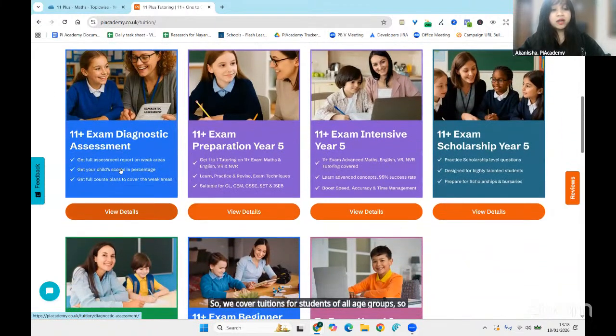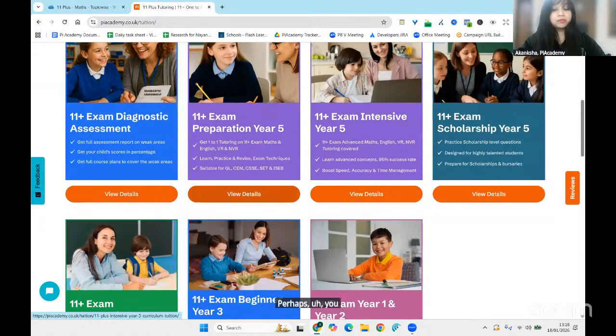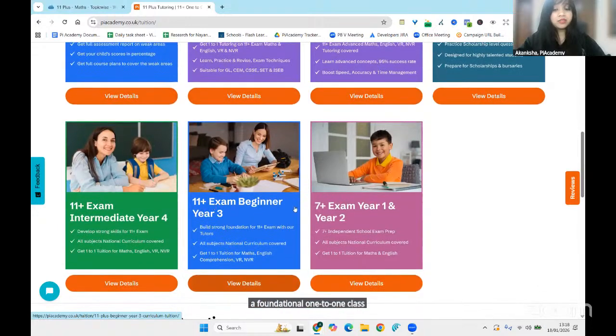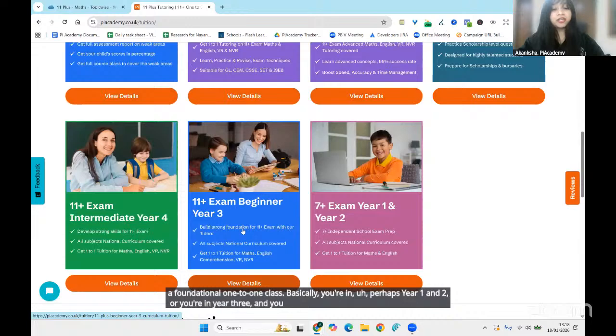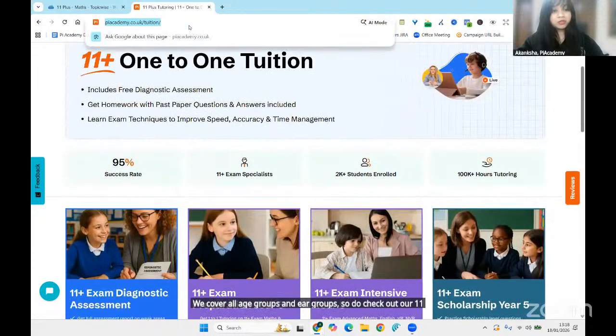Whether you are preparing for the 11+ examinations, perhaps you could be preparing specifically for the scholarship exams, or you're looking for a foundational one-to-one class. Basically, you're in perhaps year 1 and 2, or you're in year 3, and you're looking to have a head start for the 11+ examinations. We cover all age groups and year groups. So do check out our 11+ one-to-one tuition.